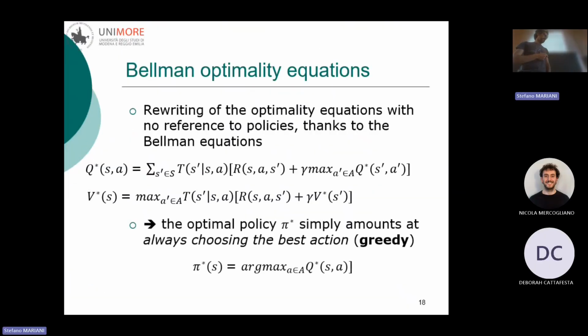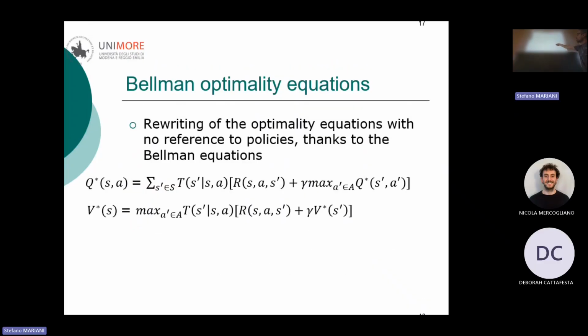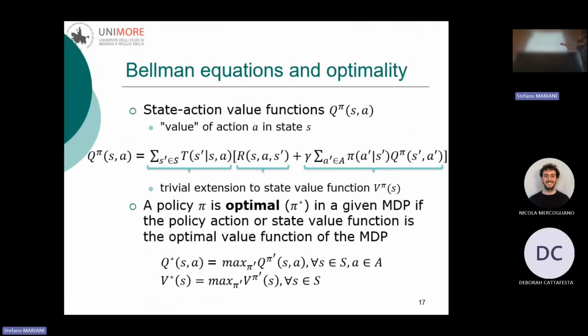And in fact, by rewriting the equations, this is just a mathematical issue. In the equations, for both the Q-value and the V-value, we explicitly referenced the policy, right? But as your colleague was saying, what policy? I mean, the policy up to now, yes?